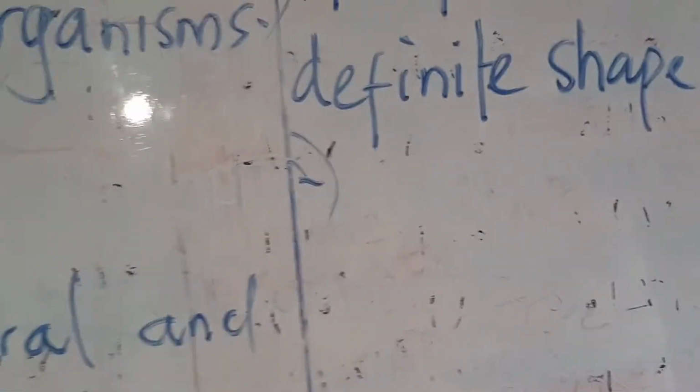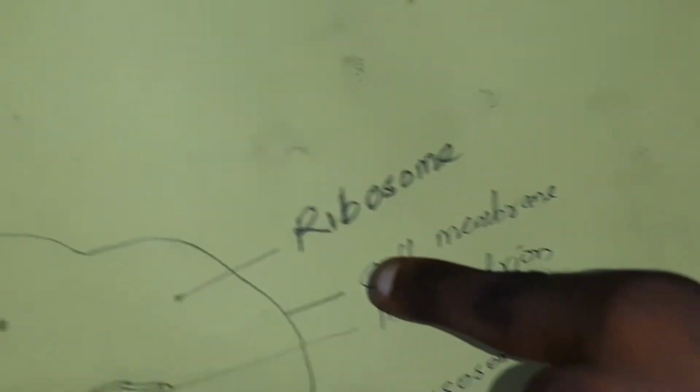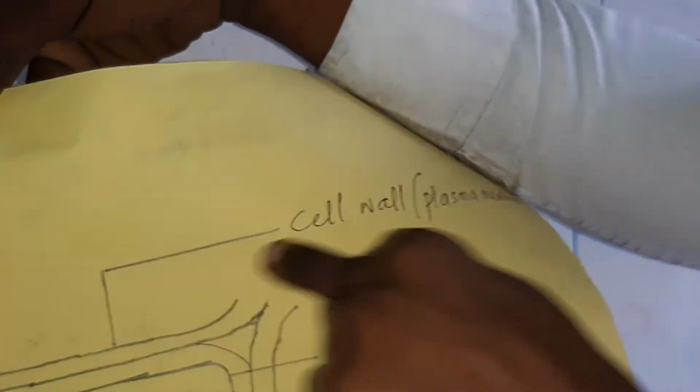Now let's take a look at it again and get another difference. If you observe, the animal cell does not have cell wall. But look at the plant cell, you can see the cell wall here, also called the plasma membrane. Animal cell does not have cell wall. Now let's note something.